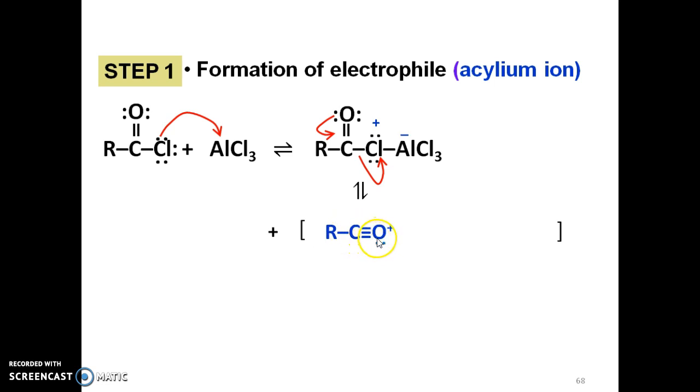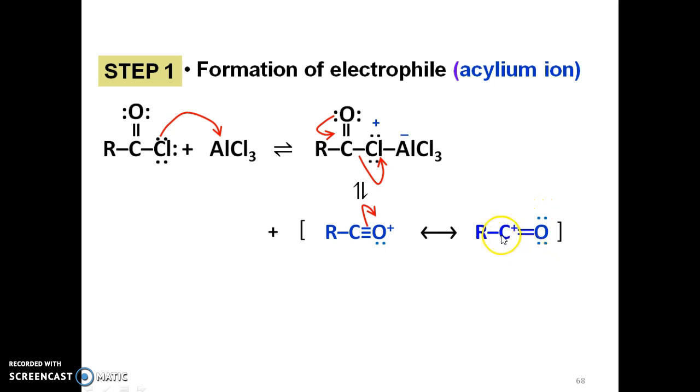The triple bond can also undergo resonance. One bond from this triple bond, which has 2 electrons, will donate its electrons to O, so it becomes R-C plus double bond O. The O gains another 2 electrons, so it forms 2 lone pairs and now has 0 formal charge.